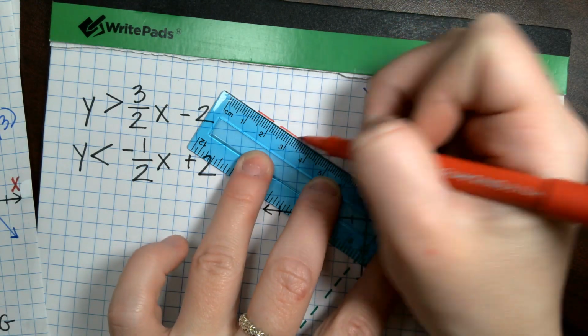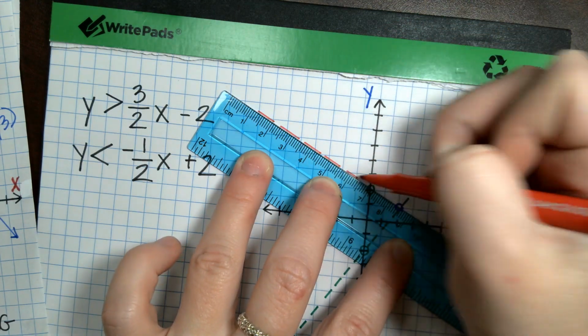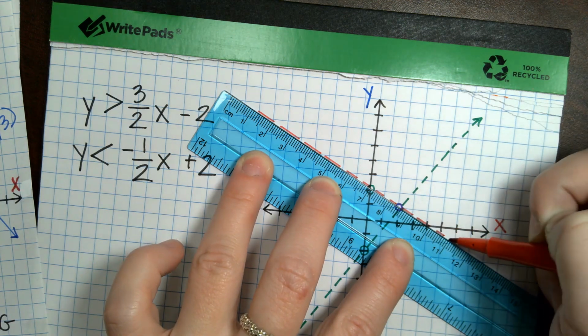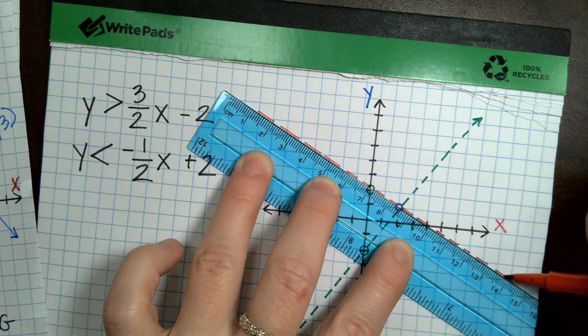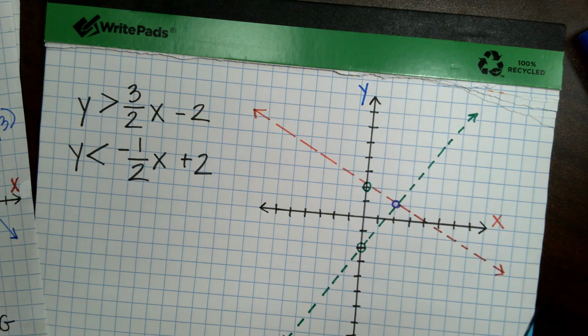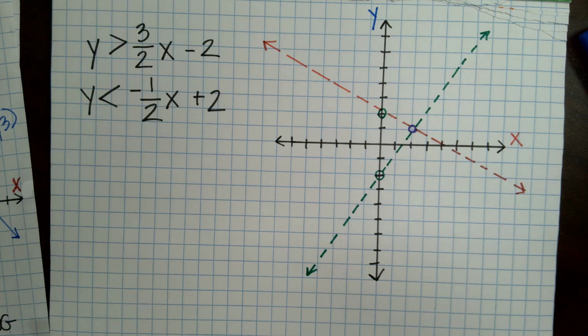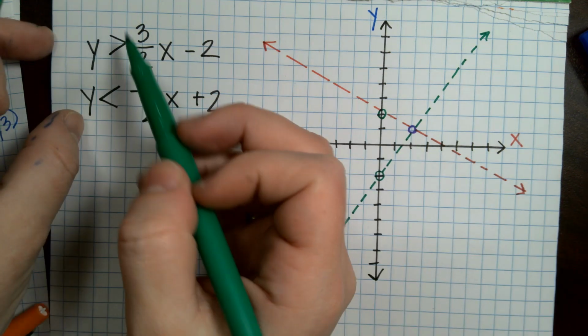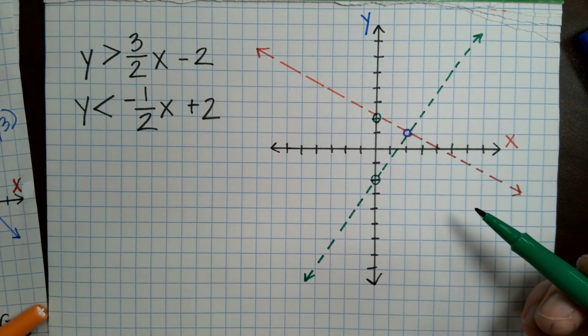And then we need to decide our shading. So, for our first line, what direction do we shade, up or down? Up, because it's greater than. So I'm not going to fully shade just yet.